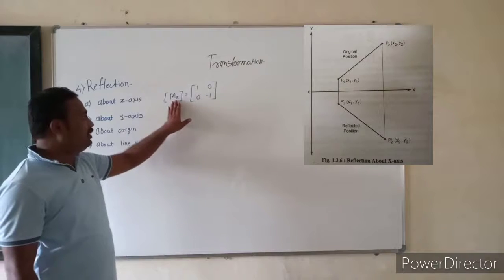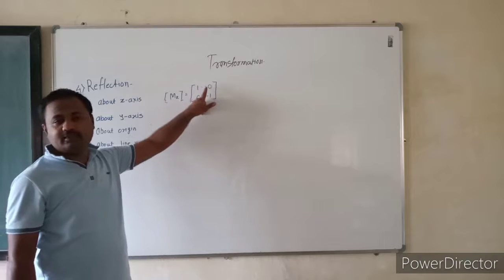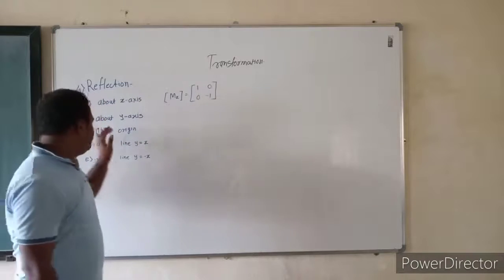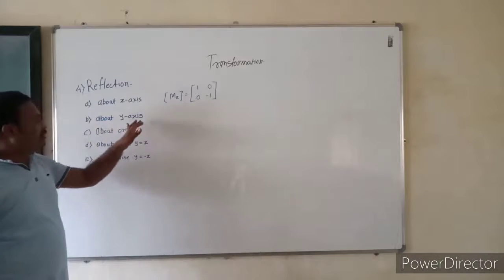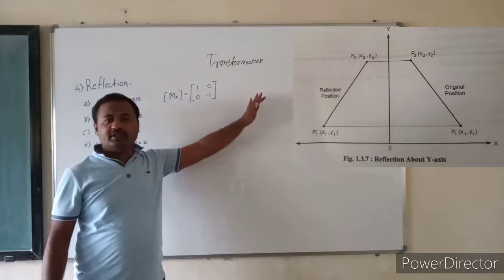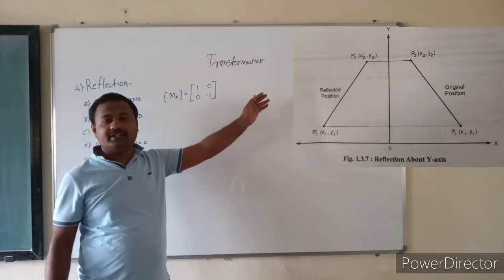In reflection about the x axis, only the y coordinate is negative. X coordinate stays the same, y coordinate is negative. Then next one, reflection about the y axis. The diagram shows reflection about the y axis, similar to reflection about the x axis.